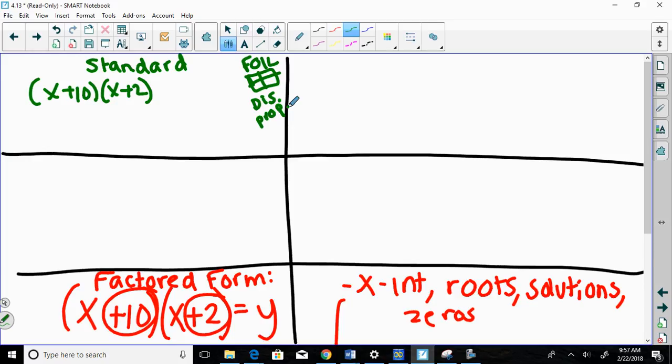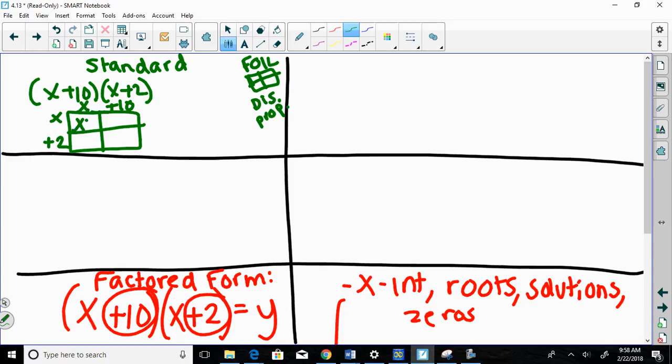How many people use distributive property? How many people use FOIL? Box method. I'll do a box method just so you can see, but if you do distributive property, do it that way. I have x plus 10 up here and x plus 2. Does it matter if I switch them? No, it doesn't matter. What's x times x?